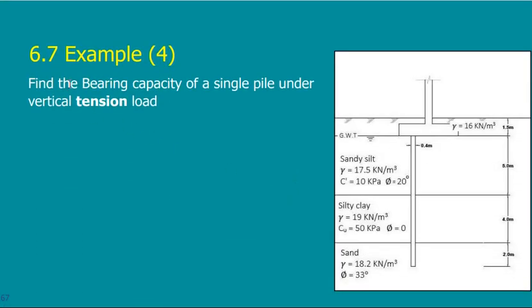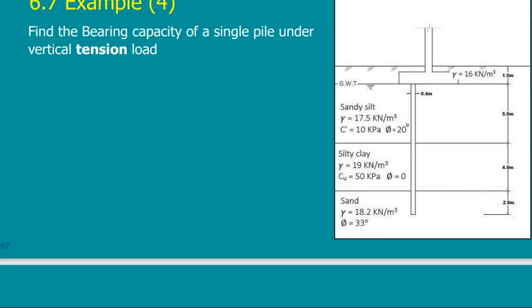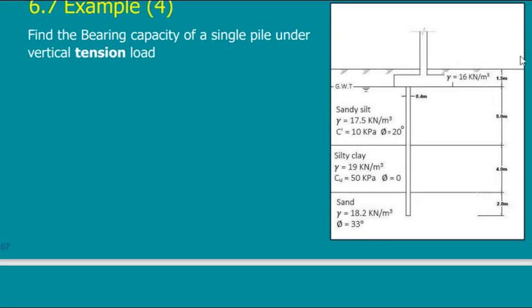A very quick example. We are not going to study it in details, but I have 3 layers similar to my previous example, and I have C and phi for all of the layers, and I tell you to calculate the tension load.